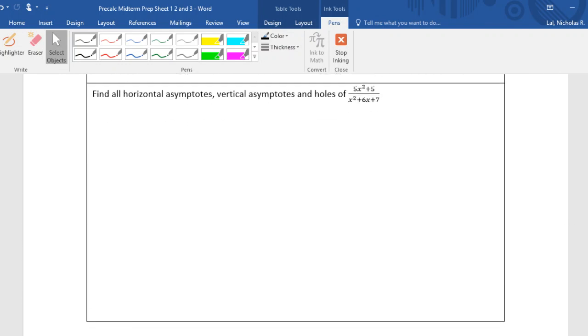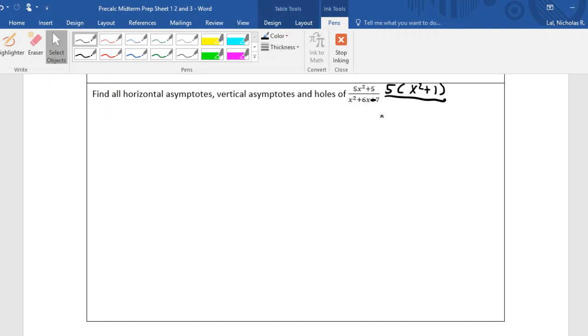Find the horizontal asymptotes, vertical asymptotes and holes of 5x squared plus 5 over x squared plus 6x minus 7. So first we have to factor out a 5. Factor out 5, what's left over? x squared plus 1. So we need to factor everything out. And just to make things easier, I'm going to switch this into a negative 7. This is a negative 7.